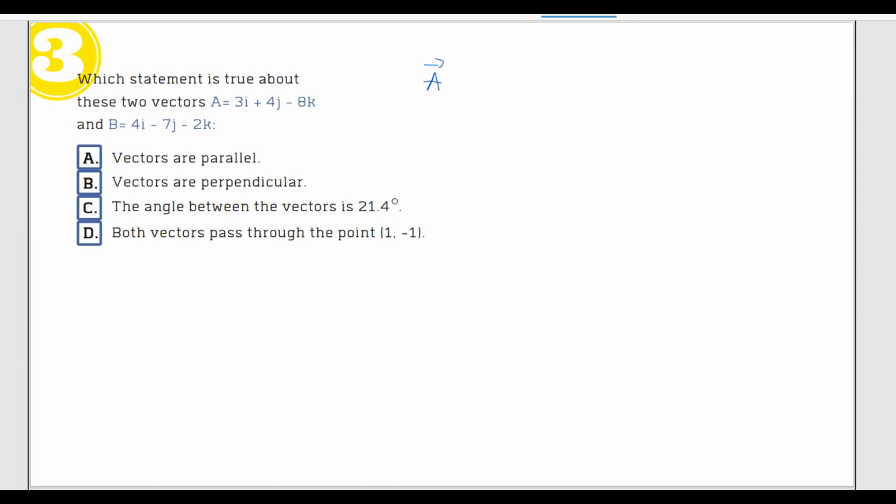We're going to take A dot B. It's going to be equal to the magnitude of A times the magnitude of B times the cosine of the angle between them. Also, we know that the dot product can be written with another formula: ax bx plus ay by plus az bz.